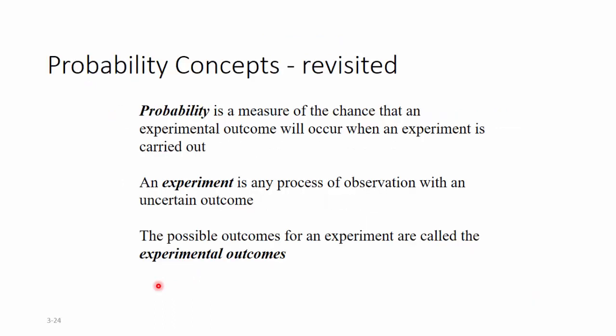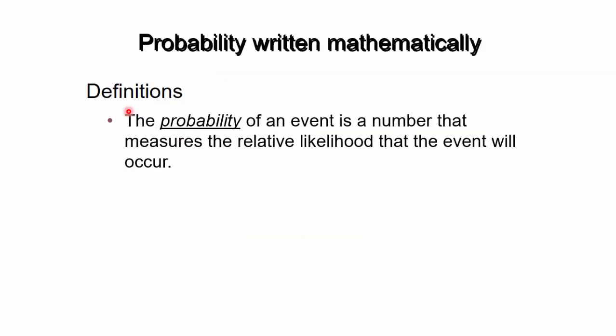Let's just revisit the concepts of probability that we started with. So probability is a measure of chance that an experimental outcome will happen, when an experiment is carried out. And we know what an experiment is, and we know what the outcomes of an experiment are. So how do I define it technically? Probability of an event is a number value that gives you a measure of the relative chance that the event would happen.